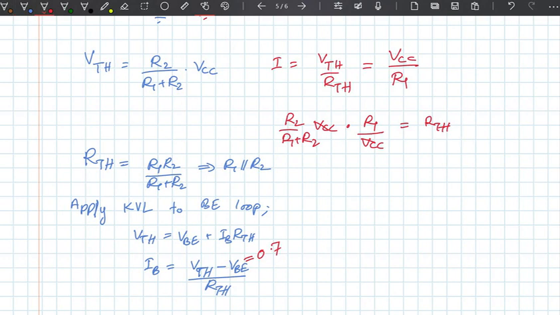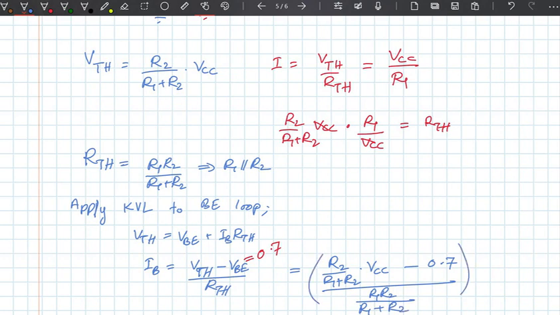So this is equal to R2 over R1 plus R2 times VCC, that is VTH, minus 0.7, divided by R1 R2 over R1 plus R2.